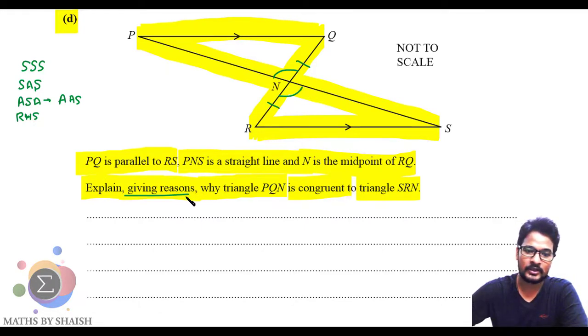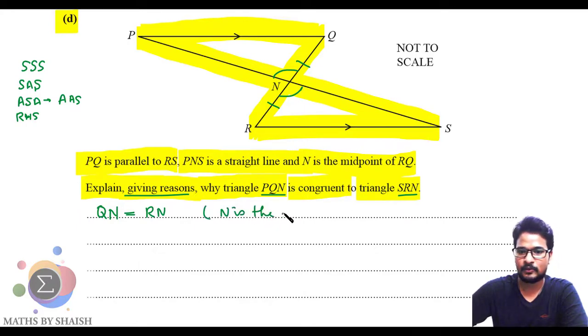Since we need to write the reason, we will write one by one. First one is PQ and SRN, so we will write in the same order. And here we have QN. QN is the same as RN. You can write N is the midpoint.